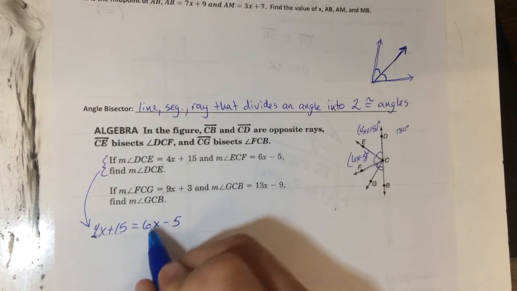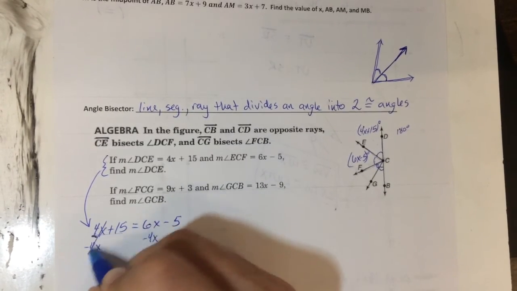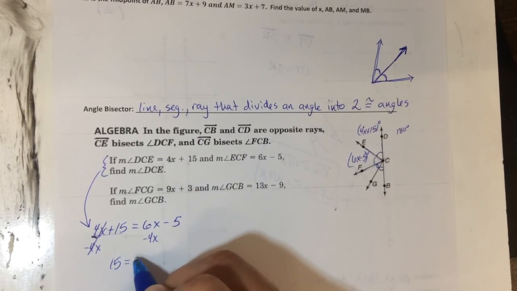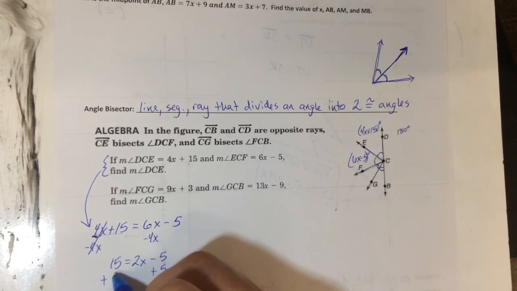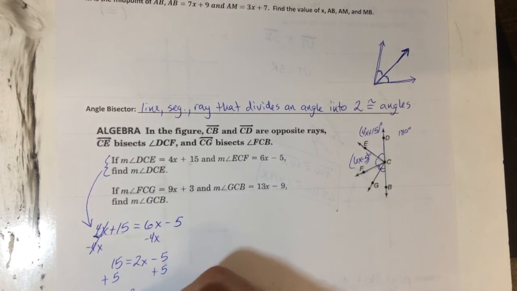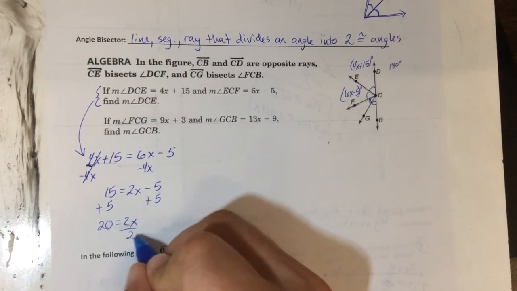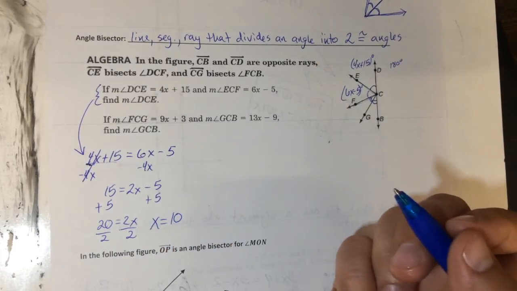So we're going to subtract 4x from both sides first. 6 minus 4 is 2x. Then we add 5 to both sides. And then we divide by 2, and we get that x is 10.